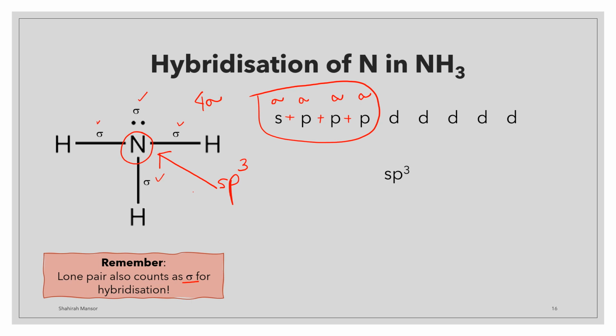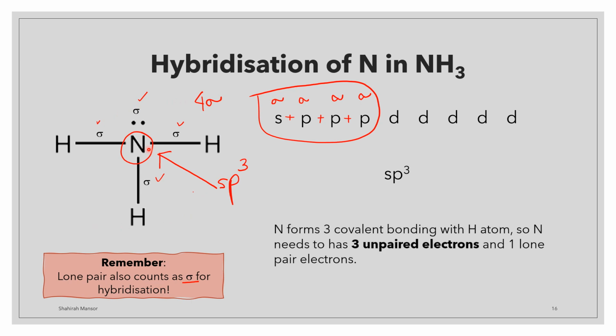And as you can see from this Lewis structure, okay, kita boleh identify bahawa N forming 3 covalent bonding dengan hydrogen atom. So bermaksud N must has 3 unpaired electrons. Okay, N mesti mempunyai 3 single electrons. And satu pasang lagi merupakan lone pair electrons.